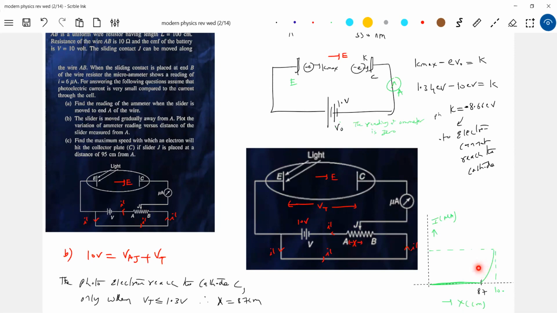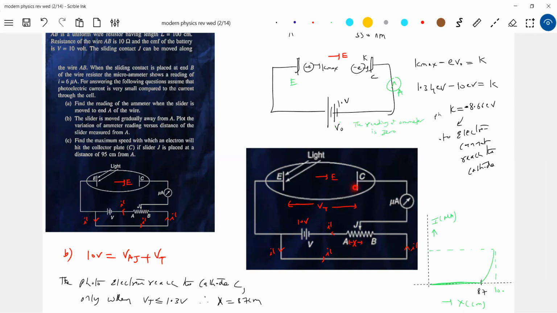Why will the rate increase, sir? It should increase, no? Because along with K max, the electrons with less K max also will come and strike the cathode. How can you say the rate will increase or not? Very simple. If only K max is able to reach, afterwards, as VT decreases, the electrons with less K max also strike the cathode.